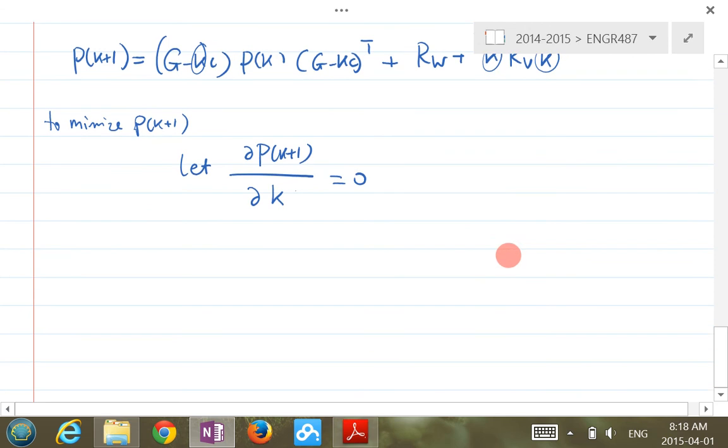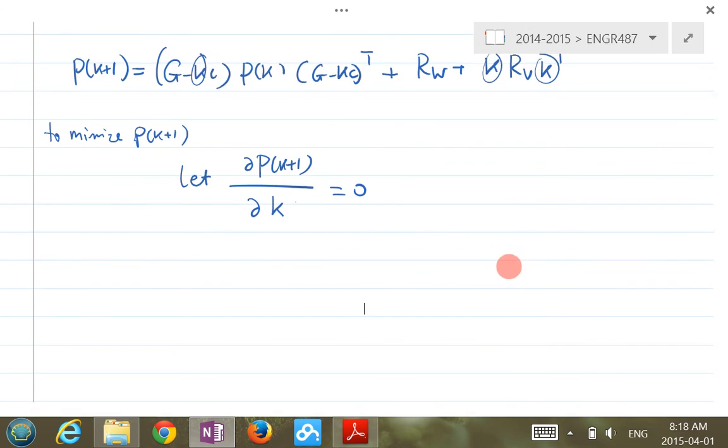So here is what happens now. Let's say I let this quantity be D, and this is D transpose. For the partial derivative, there are two terms, one is this and the other is this.